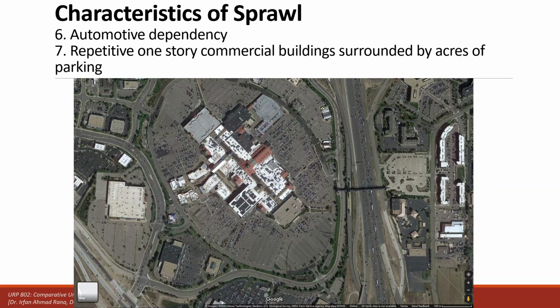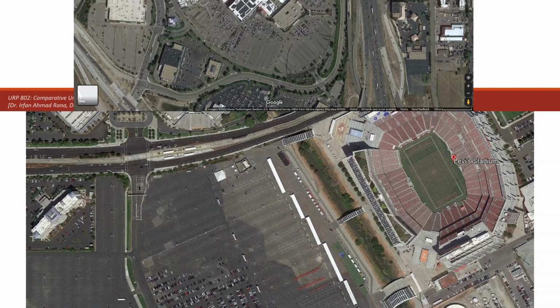So it all depends upon how you want to see the city. This is a picture from a shopping mall in America, in which a lot of parking is provided. So you are basically encouraging such kind of development.